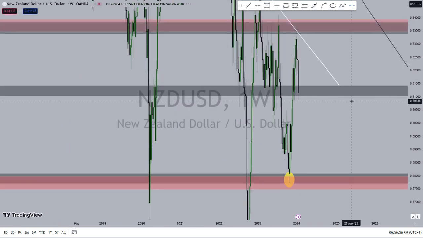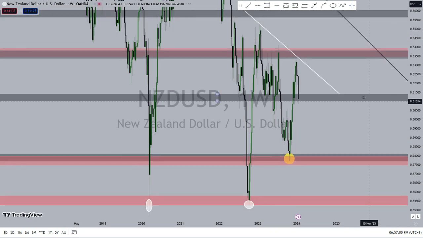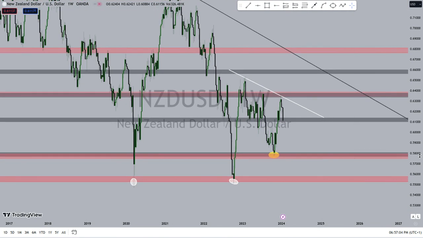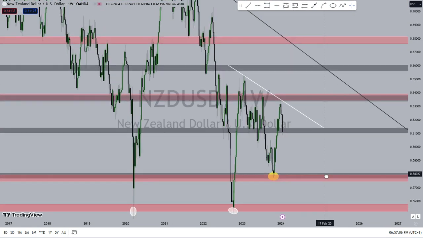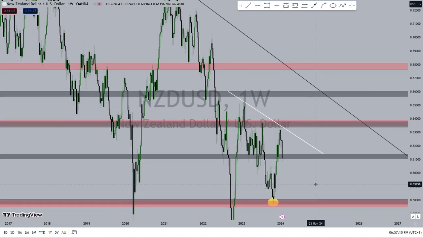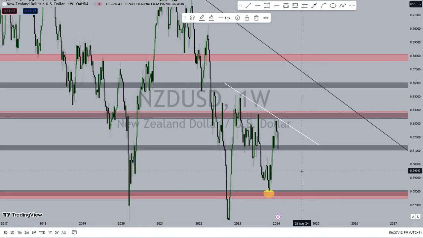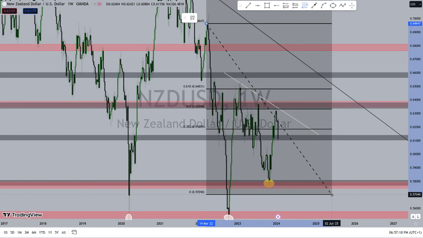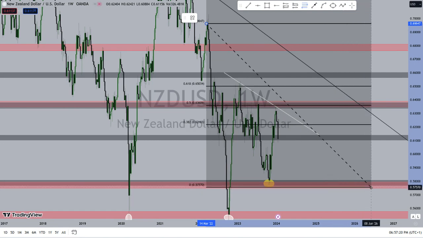Okay, so just quickly want to show, want to do something here. Okay, so if we can see, let's just draw our Fibonacci from swing high to swing low, and let's see something.